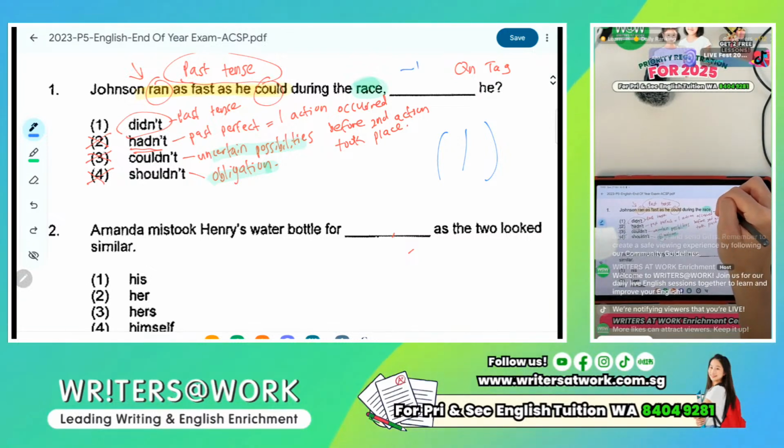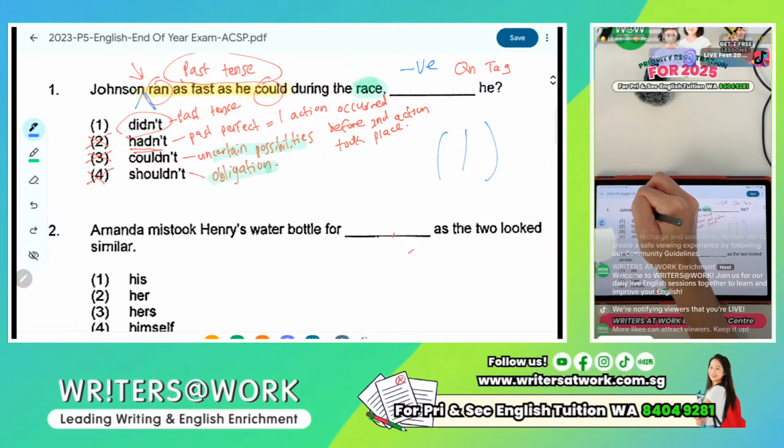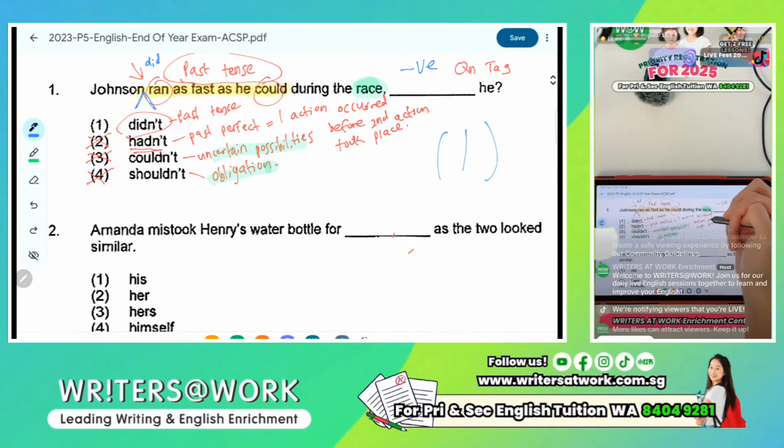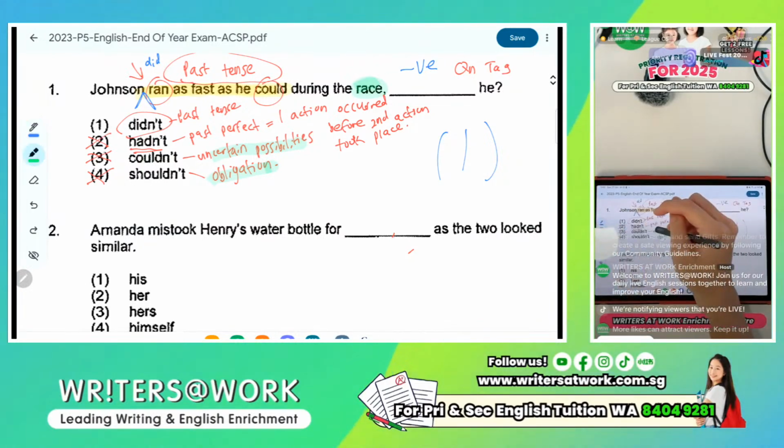Because this is a negative connotation, so the answer is here. If you say Johnson did ran as fast as he could during the race, it is also grammatically correct because didn't and did can be paired with past tense. Okay? Moving on.